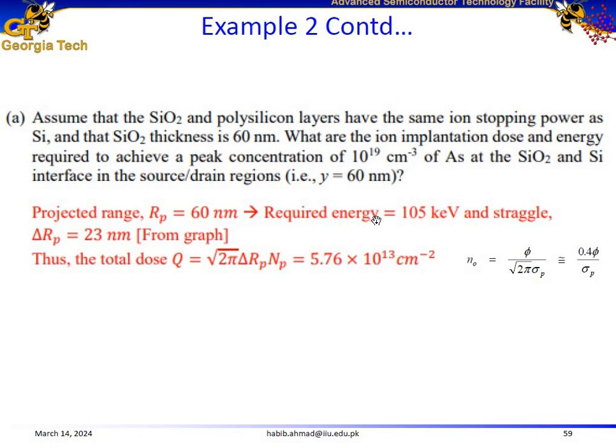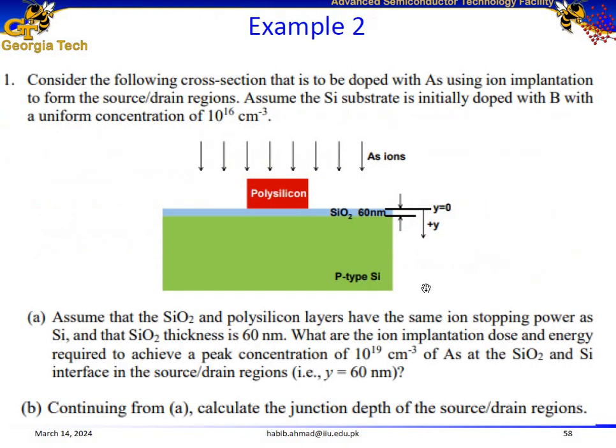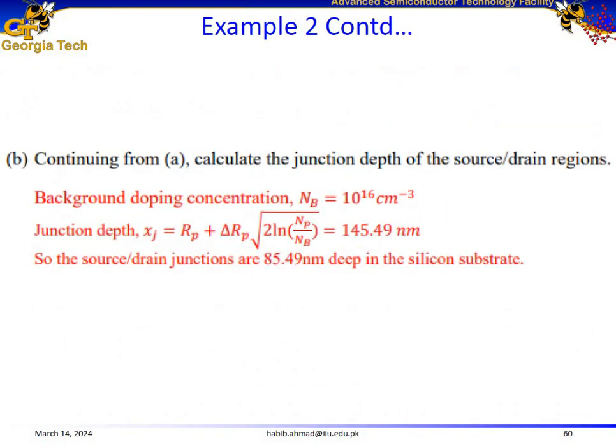So deduct that thickness from 145.49. This number minus 60 is equal to 85.49 nanometers, which is the junction depth of the source and the drain regions inside this structure.